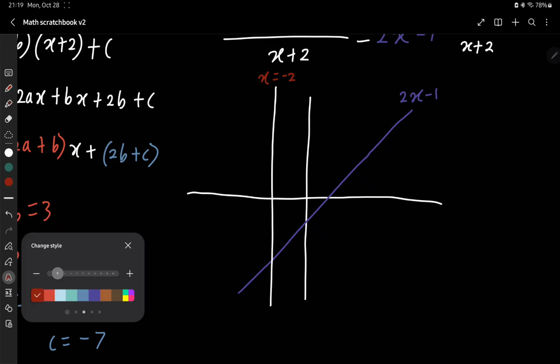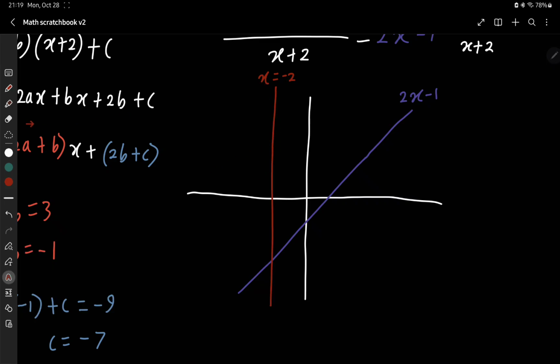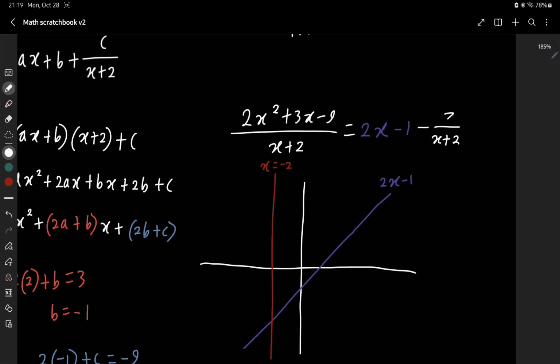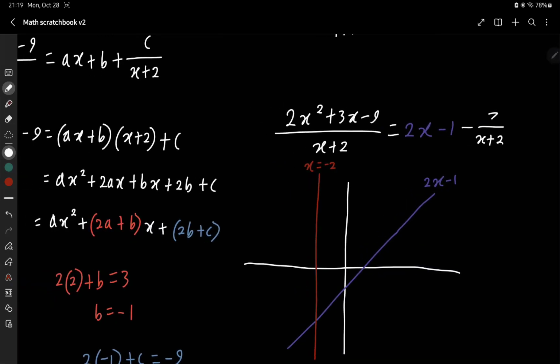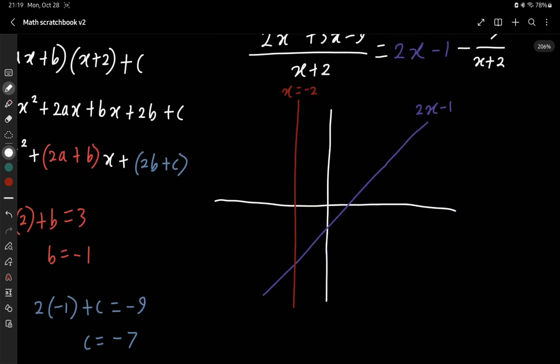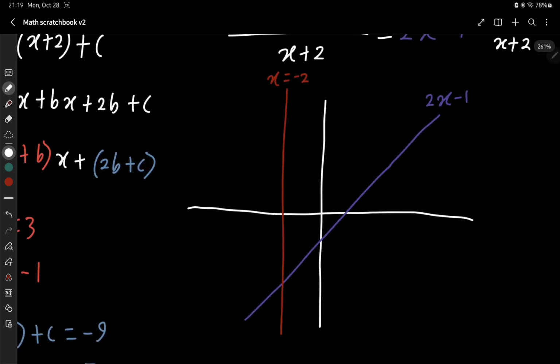Just change that to red. And then finally, we can start plotting the x-intercepts, etc. Again, this graph is completely out of proportion, so it's not going to be correct at all. However, just bear with me.